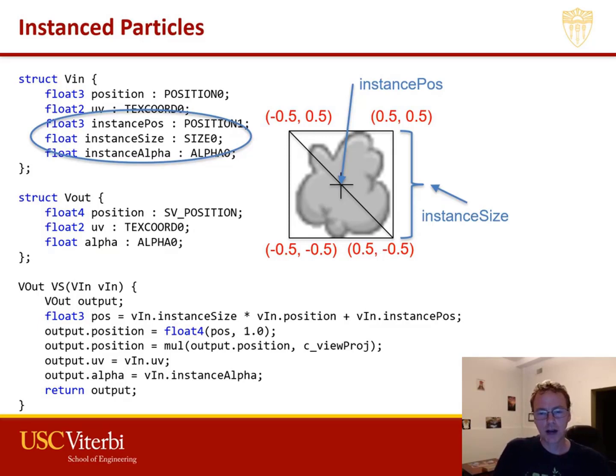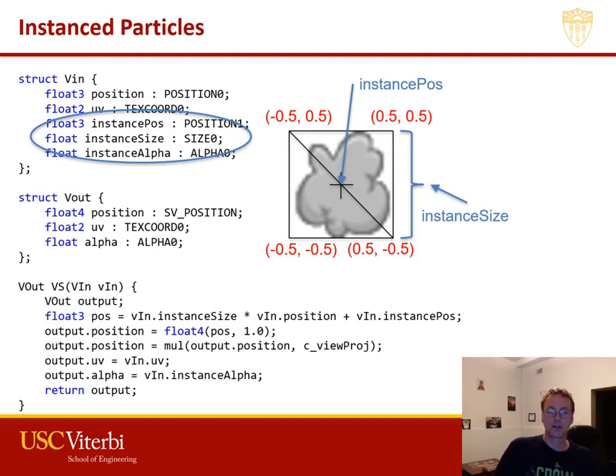So when I render a particular instance, one quad, I'm going to get two triangles, just like I always have. That's these two pieces of data. But all 6 vertices that go through the pipeline for those two triangles will have the exact same instance position, instance size, and instance alpha.